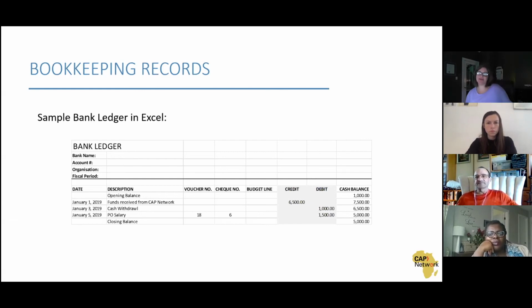In some cases, when you're paying salary, you might also be paying something to the government towards pension, depending on where you live, and that would be a separate transaction on all levels, right? So it would be a separate line on the voucher. It would be a separate line on the payment requisition. It would be a separate line in your ledger, with a separate budget line, most likely.